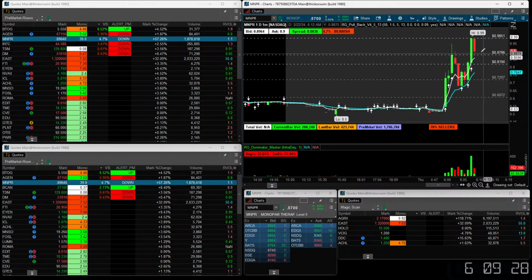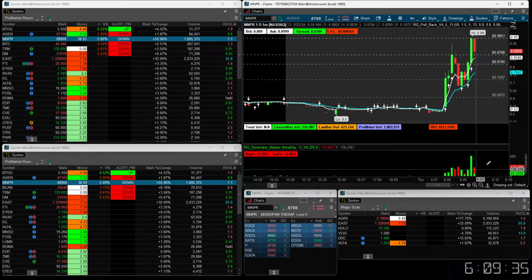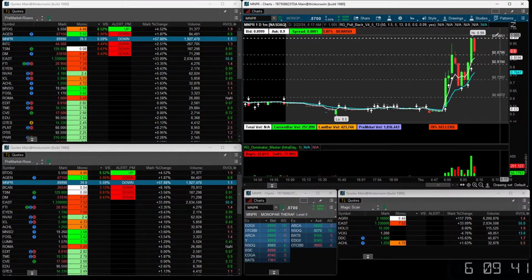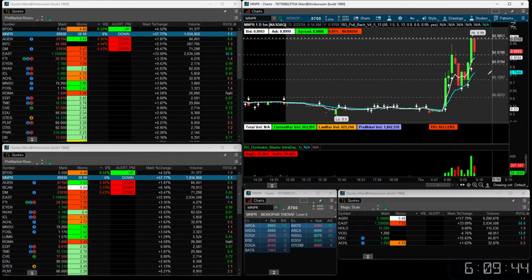Let's see if this is the pullback right here. We can always plot them out and see if they happen. So now I'm watching down here for green bars to come back in so that I will know this stock is going to bounce and maybe break through the upper resistance level.